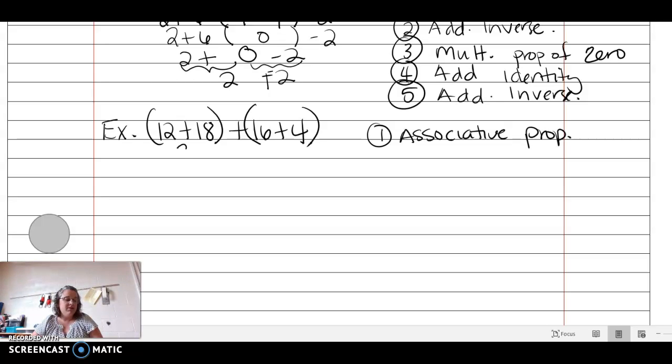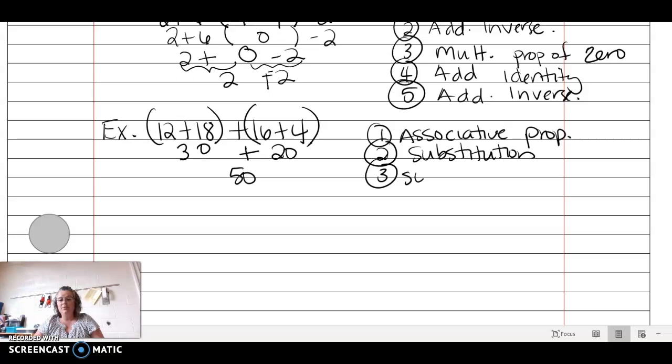Twelve plus 18 is 30. 16 plus 4 is 20. That's substitution. Number 3, 30 plus 20 is, well, 50. So that's another substitution.